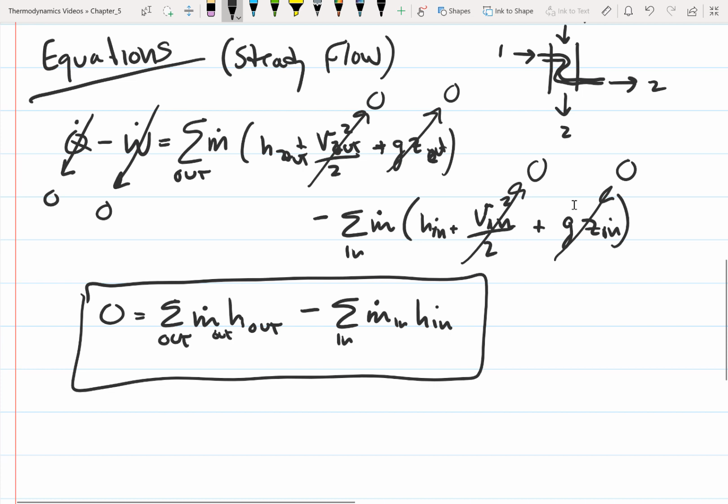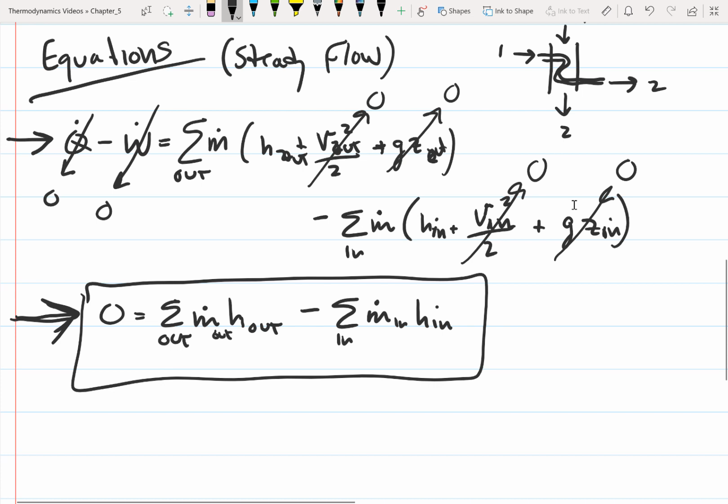And the reason why I like to start with this equation is because if you just write down this equation, which you can, you have to sit and think, okay, what is this assuming? It's assuming that it's adiabatic, there's no work, the potential and kinetic energies are 0, it's steady flow.